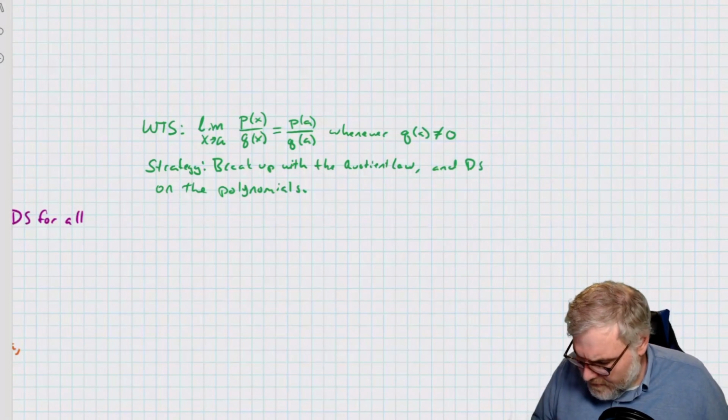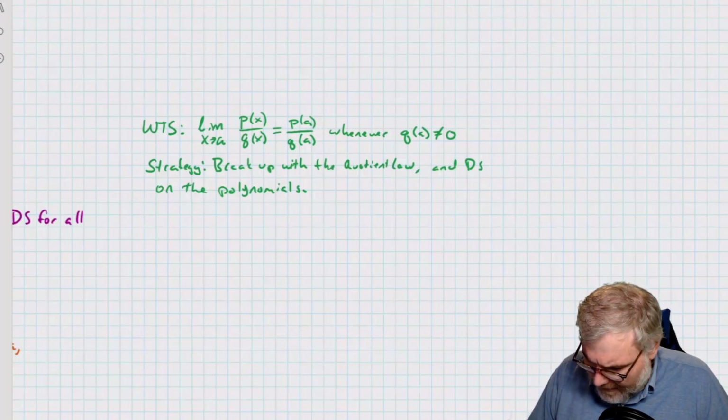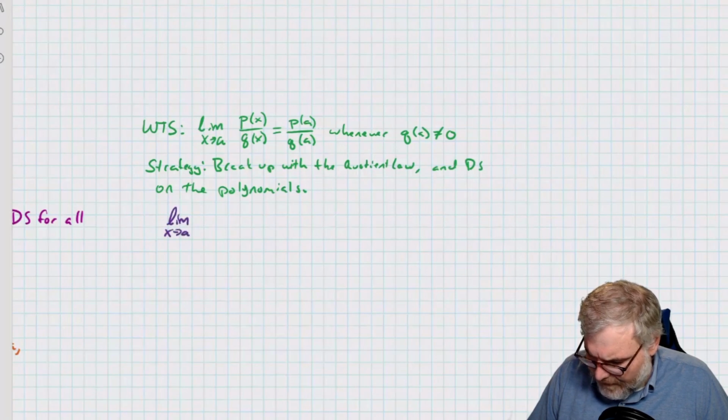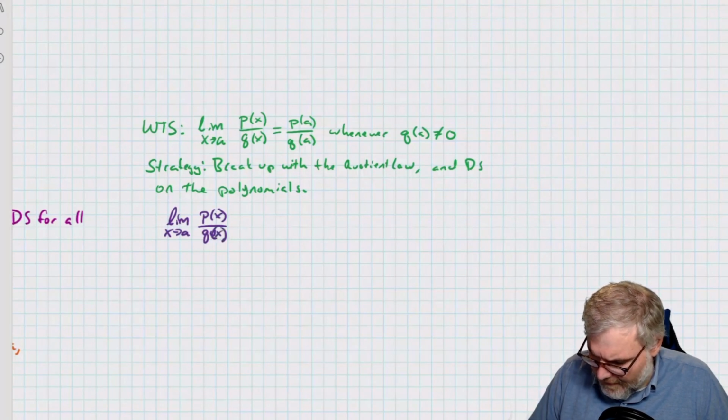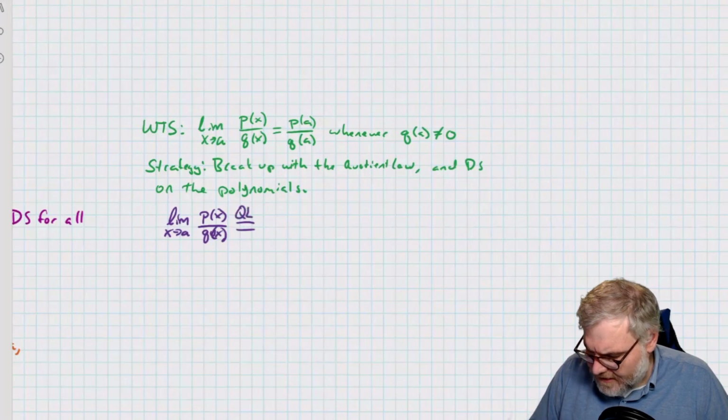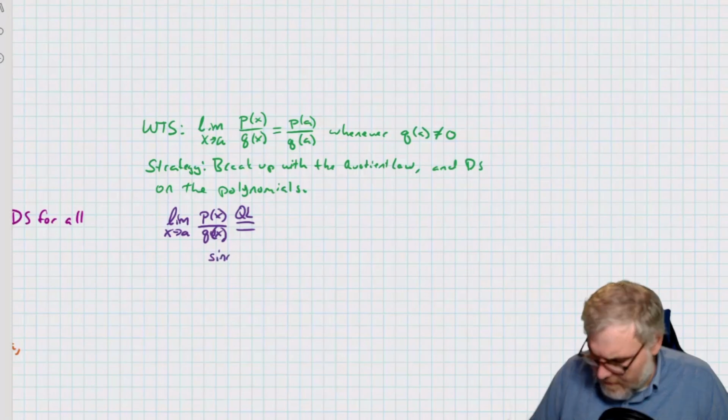Okay, so the limit as x goes to a of p of x over q of x equals, by the quotient law, and I need to specify when I do this, since q of a does not equal 0.